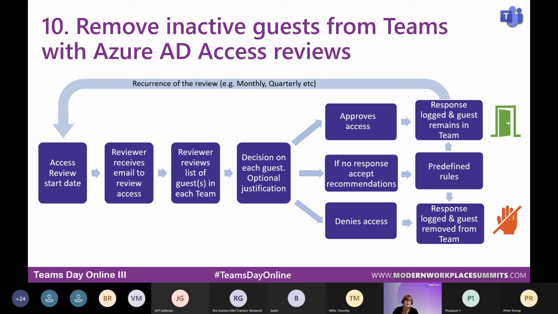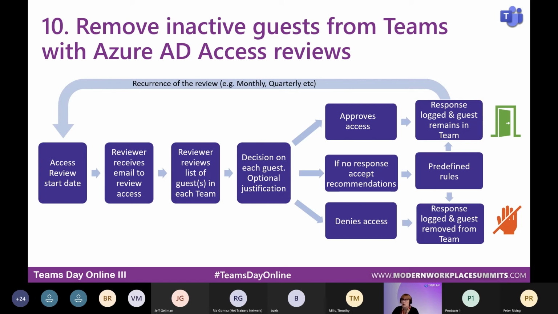The process works by a reviewer receiving an email and being asked to review a list, in this case guests, in their teams, and they will need to make a decision on those guests. You can also have a justification for people to keep somebody in a team.